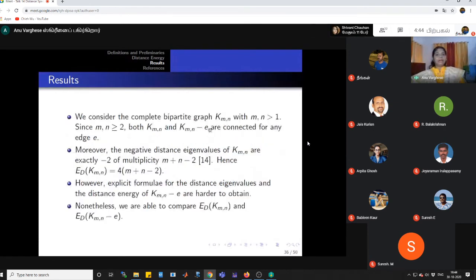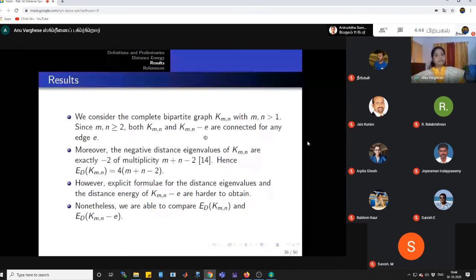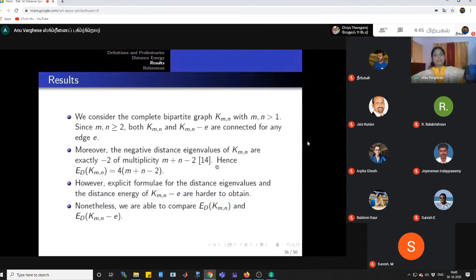We considered complete bipartite graphs. If m and n are greater than or equal to 2, surely on edge deletion Kmn minus e will be connected. And we have the distance energy of Kmn, an already known result. It is 4 into m plus n minus 2. And Kmn has the eigenvalue minus 2 with multiplicity m plus n minus 2. For Kmn minus e, it is difficult to form an exact formula for distance energy.